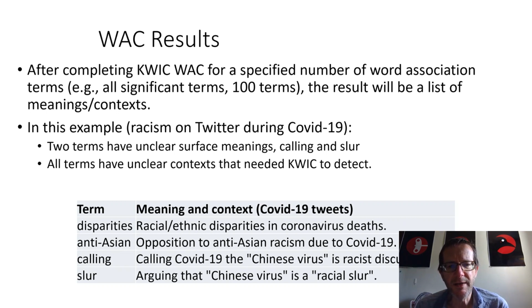So slur here means racial slur, and more specifically, someone saying that calling COVID-19 a Chinese virus is a racial slur. So that's a very specific context for this word. Okay, so here the meaning and context. 2 meanings clear already, 2 you need to work out the meaning, and all of them have contexts that are much narrower than the meaning.